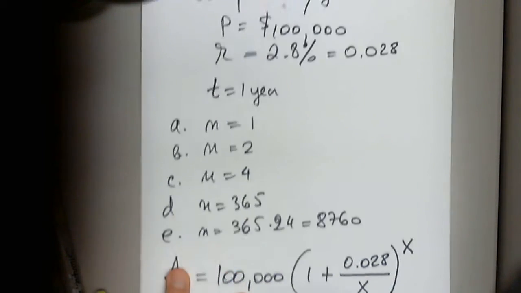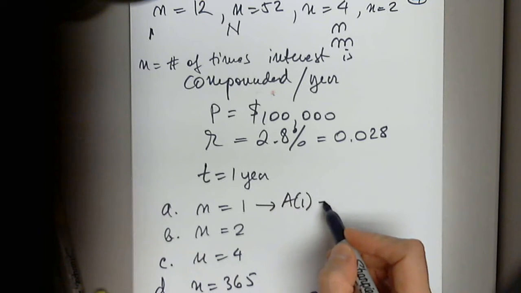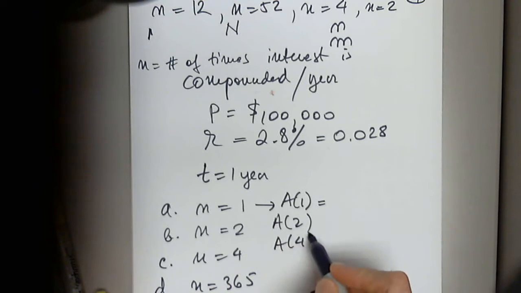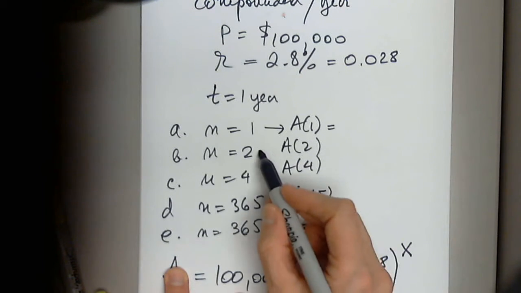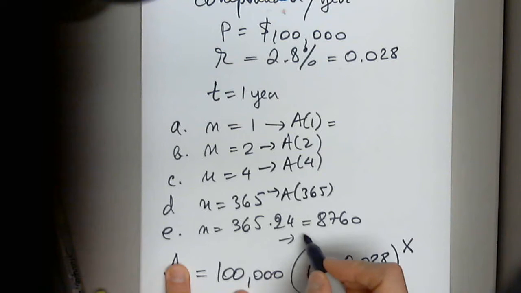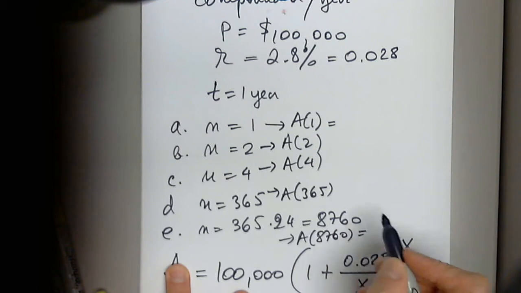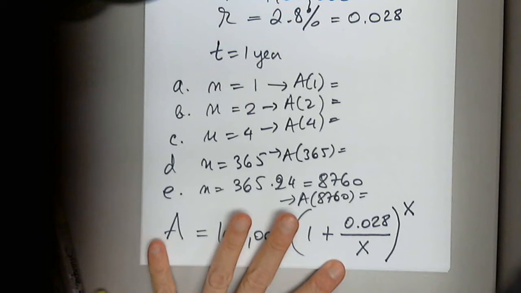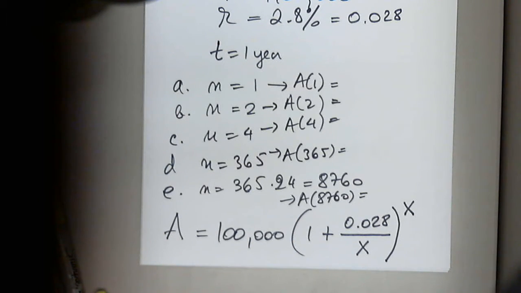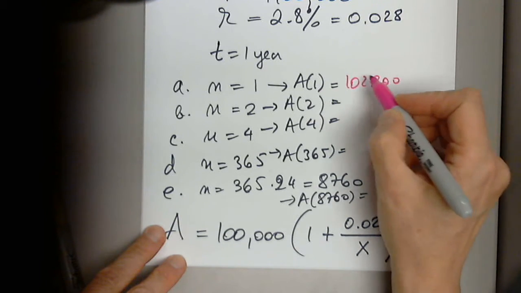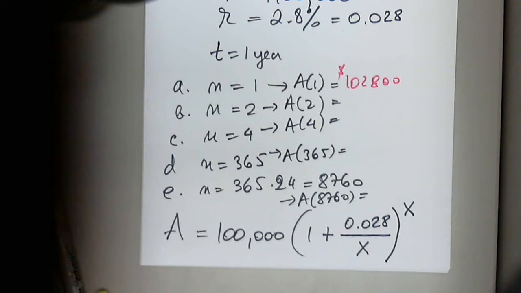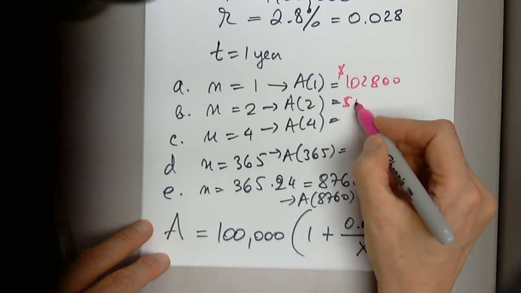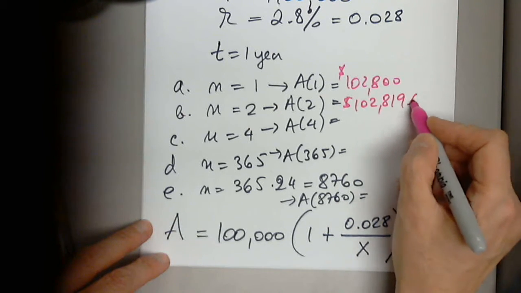So then this, A of 1, A of 2, A of 4, A of 365, and then A of 8760. Any questions? Would you be comfortable solving this problem in my math lab now? Yes? Okay, so the numbers were 102,800. The next one, what was it? 102,819.60.